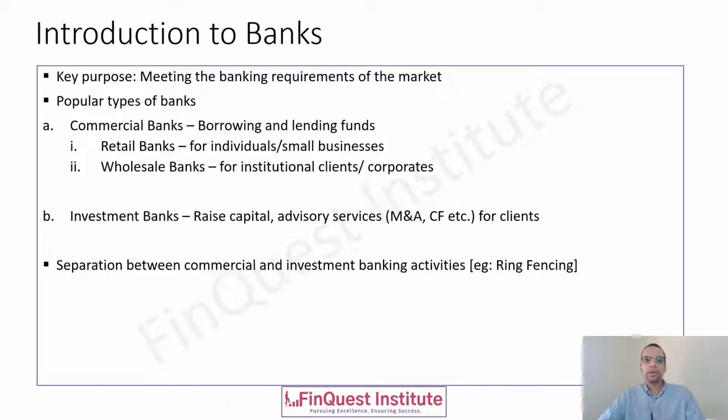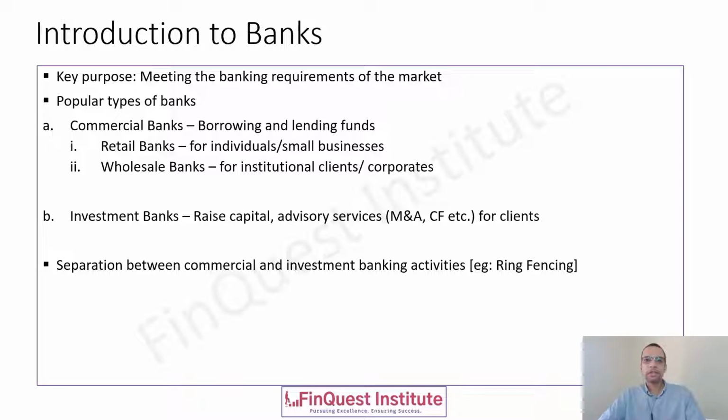The bank is going to pay a certain amount of interest on the deposits which it receives from customers, and subsequently it is going to charge the borrowers, that is the businesses who borrow funds from the bank, and receive a certain amount of interest from them. The difference between these two interests, that is the interest on the borrowed funds and the interest received from the lent funds, is the net interest margin which a bank is going to earn. And this happens to be the core business for the bank.